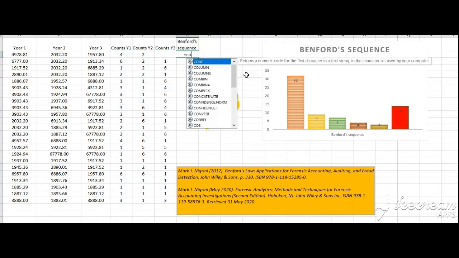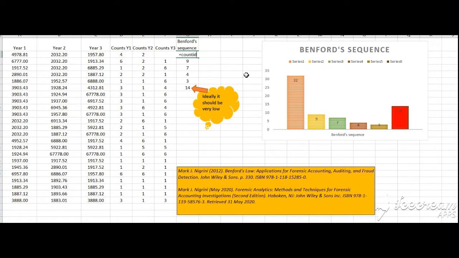Equal to COUNTIF, bracket, then I have taken this entire stuff together and I am counting 1, how many times 1 is there. So 32 times 1 is there. The same thing you can do with 2, 3, 4, 5, 6, 7, all the numbers.